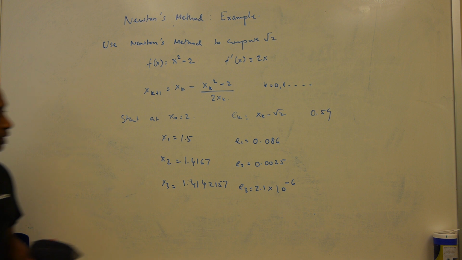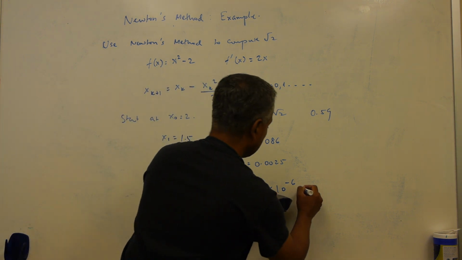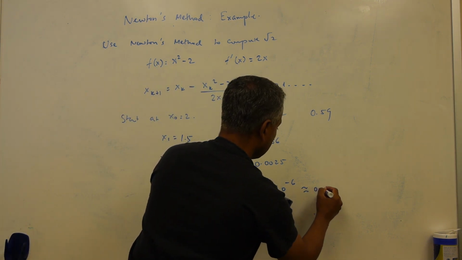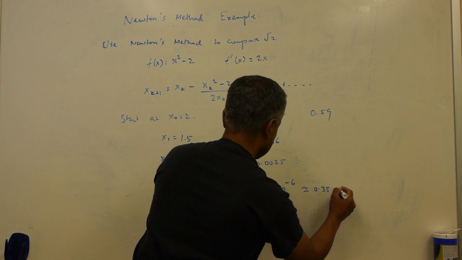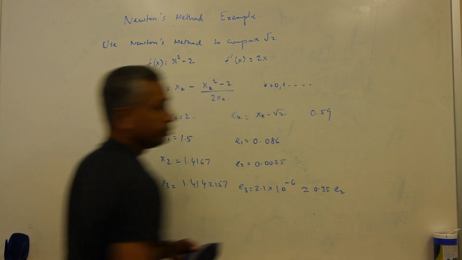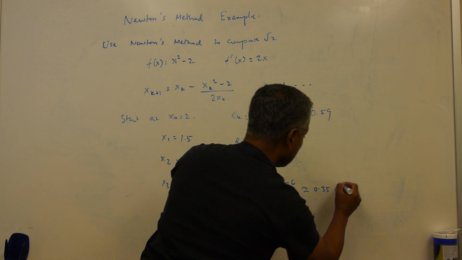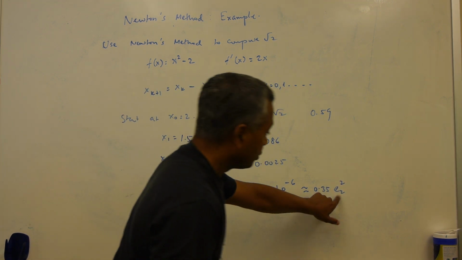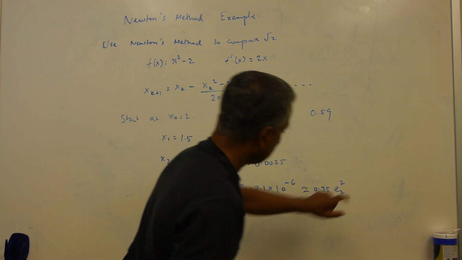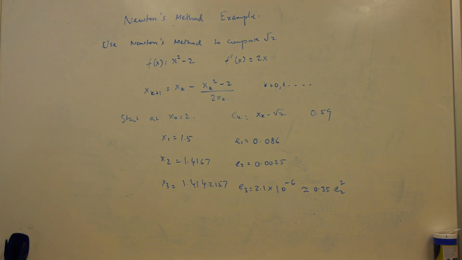Now the thing I want you to note is this is roughly 0.35 times E2. Okay. Now remember what I said. I'm sorry. This is 0.35 times E2 squared. It's quadratic convergence. You can plug in those numbers. You'll see 0.35 times E2 squared.